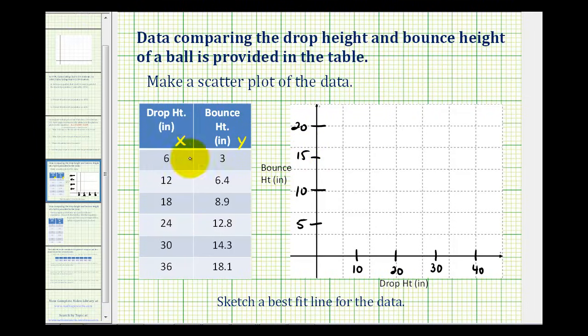So the first point would have coordinates 6, 3. So that's going to be somewhere in here. Next point is 12, 6.4. Maybe somewhere in here. Next point would be 18, 8.9.